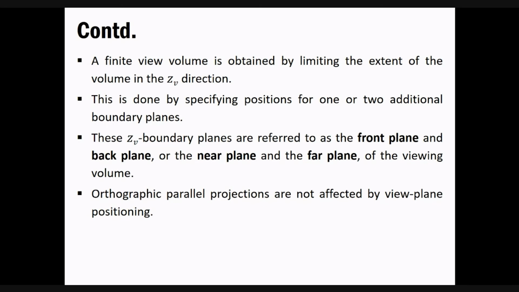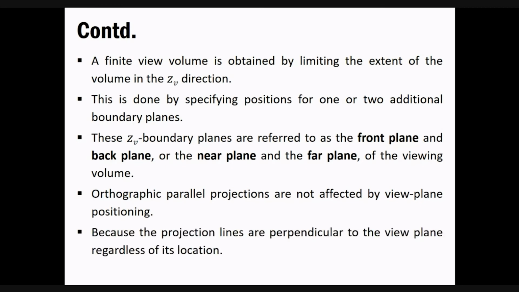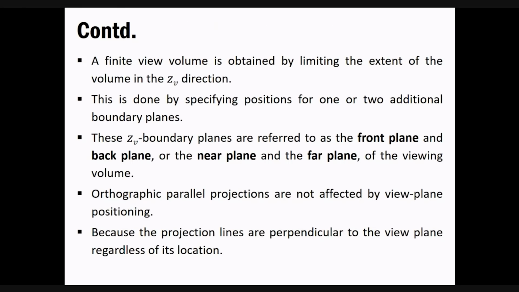You are not considering any orientation, but just taking straight from that position. The projection lines are perpendicular to the view plane regardless of its location, so we are not considering orthographic projection in this case. Even in the matrix form, for orthographic projection you can just keep those terms 0, so that other things won't be affected.